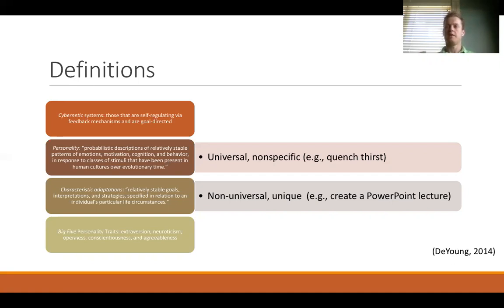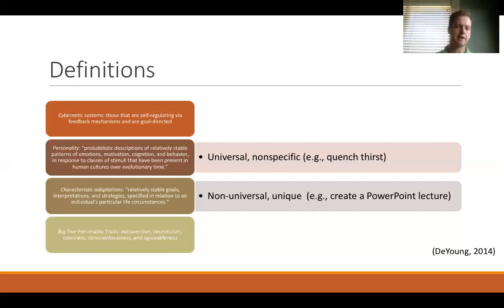These are specific. These are non-universal. They're unique to the individual. The goals, interpretations, and strategies, which we'll get into in just a moment, are different based on the experiences of the person. And this makes it much more flexible as far as the way these mechanisms work. The example I put here is create a PowerPoint lecture. This is something that I've done, but this isn't something that someone else will necessarily do.